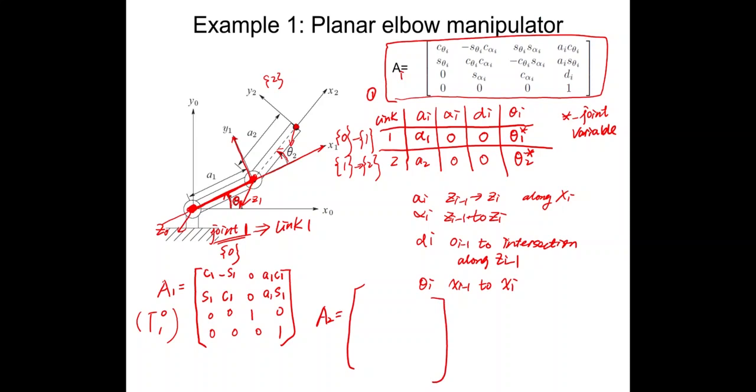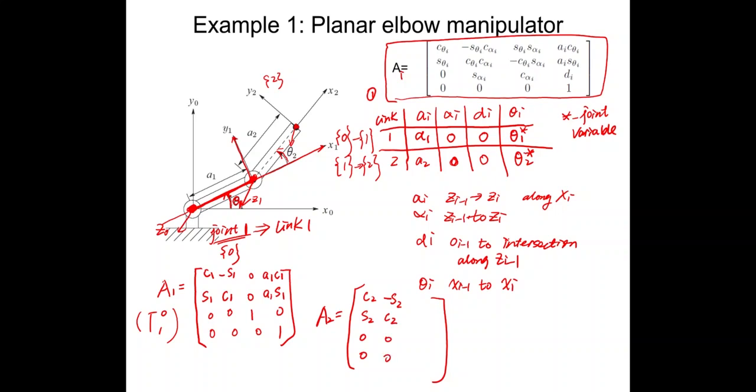Okay, and for my A2, again I use the same definition of the matrix, but I plug in these four values. Now my theta I becomes theta 2, so I have my C2, S2, and 0, 0. My alpha I becomes alpha 2, which is 0 again, so cosine 0 is 1, and here becomes negative sine theta 2 and cosine theta 2, and 0, 0.